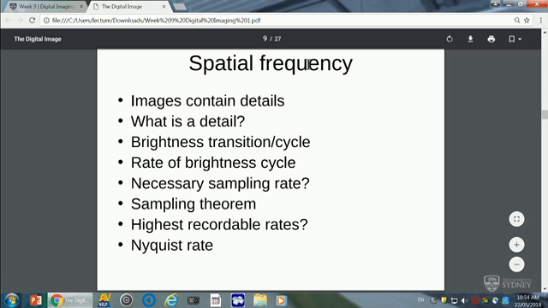The Nyquist rate is determined by the number of pixels. If you know your number of pixels, you know that the Nyquist rate is half that amount. It's the highest recordable amount, because if you've got 20 pixels, you can only record 10 pieces of information. So the Nyquist rate is half the number of pixels you have.